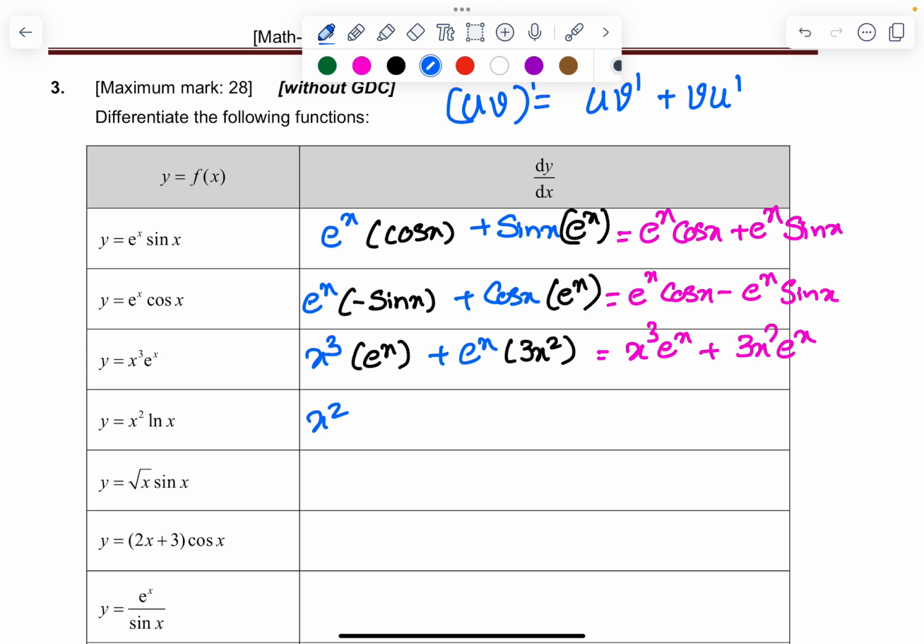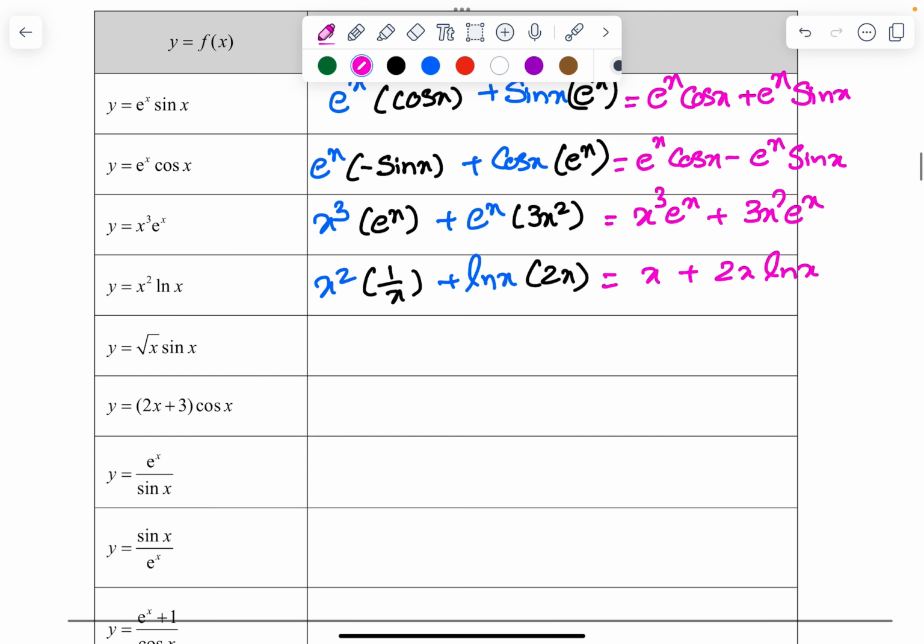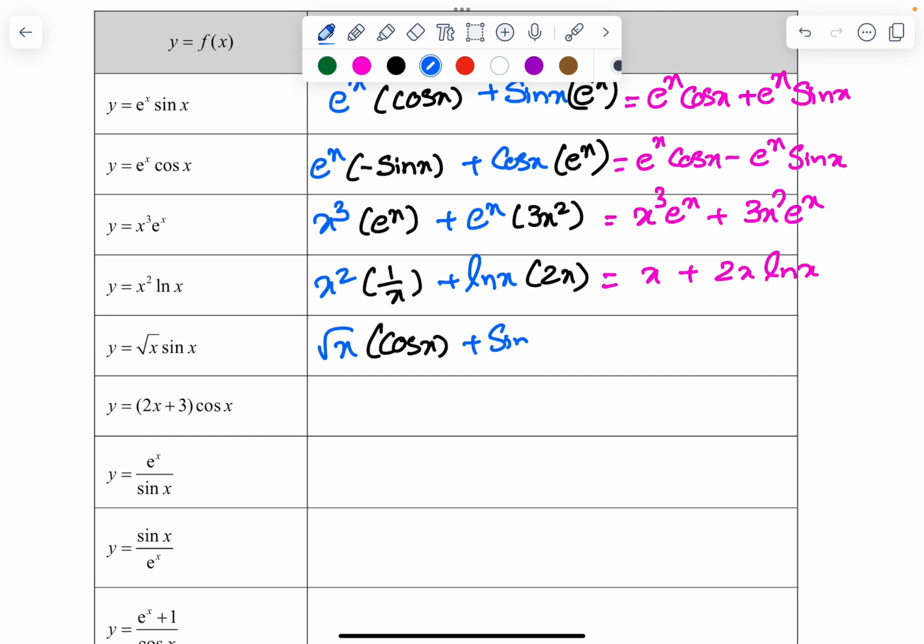X squared ln x derivative is 1 upon x, then plus ln x squared derivative is 2x. So this is going to be the answer as x squared upon x is x plus 2x ln x. Square root of x as it is, sin x derivative is cosine x plus sin x as it is.